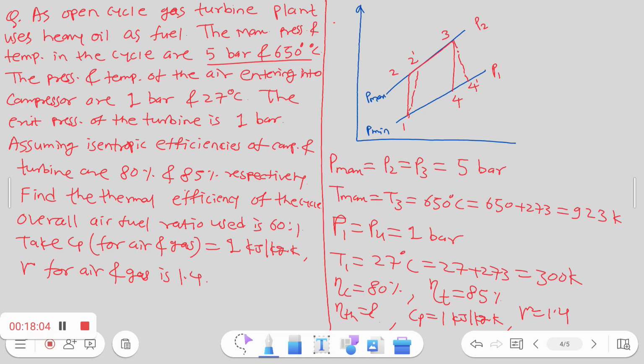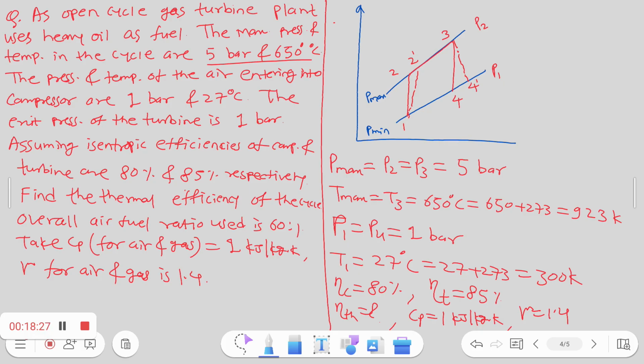Right. So the efficiency formula for turbine will be: numerator is smaller, denominator is bigger. So T3 minus T4 dash divided by T3 minus T4. Efficiency is a formula in terms of temperature, less than 100%. So numerator is smaller, denominator is bigger. Right?